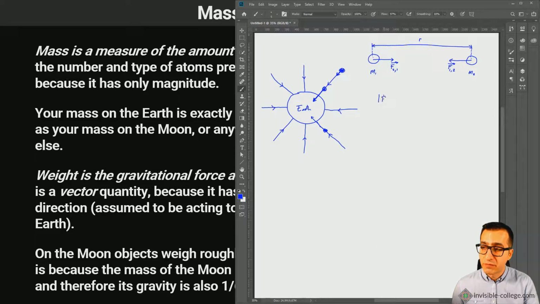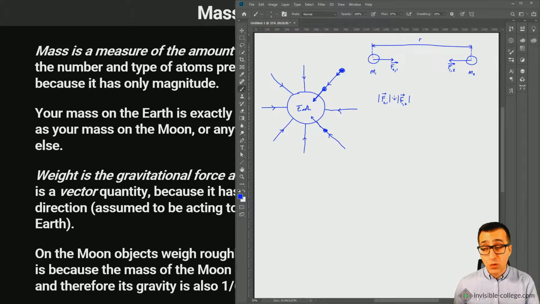So the magnitude of the force of mass 2 exerted on mass 1 is equal to the magnitude of the force of mass 1 on mass 2. So the size of this force in newtons is equal to the size of this force in newtons.